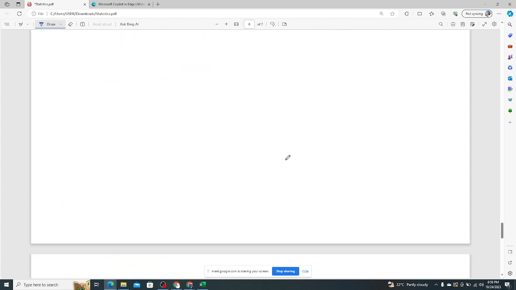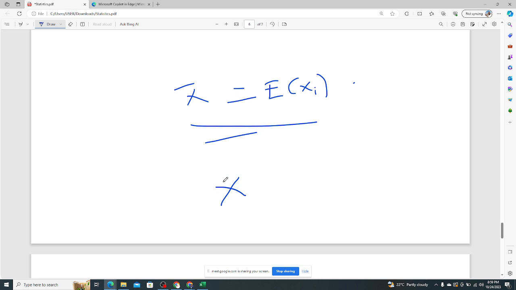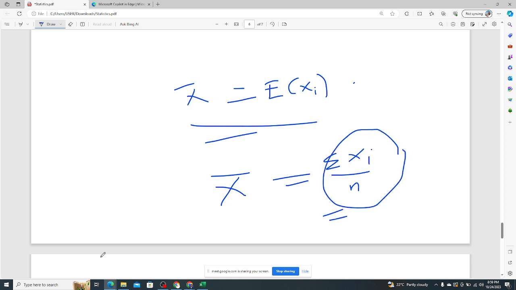And remember in our introduction we said that x bar is equal to the expectation of xi, or x bar is equal to the summation of xi's divided by n. Basically this is the mean, the average.